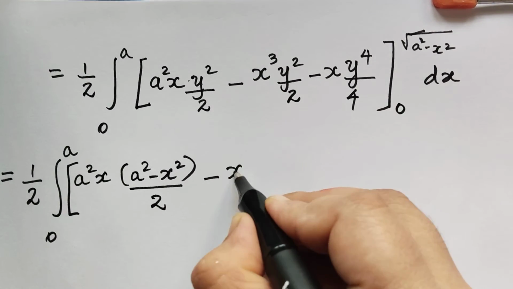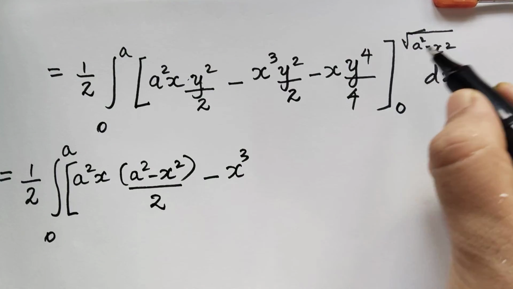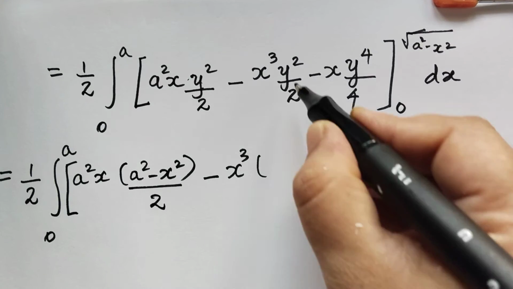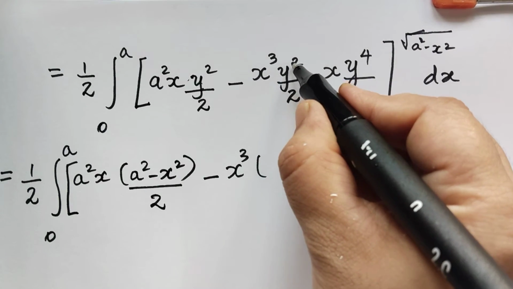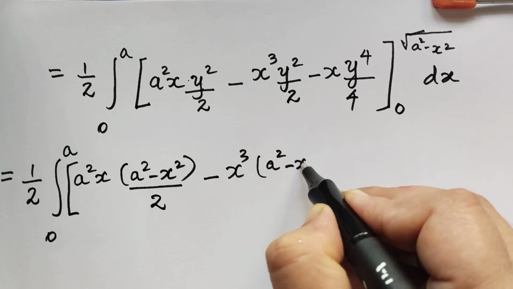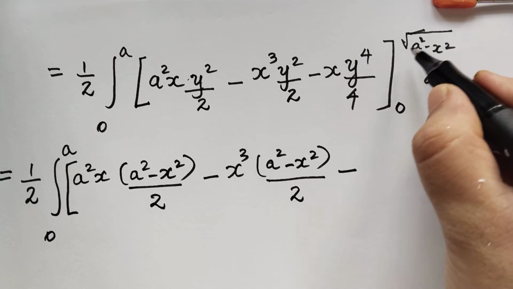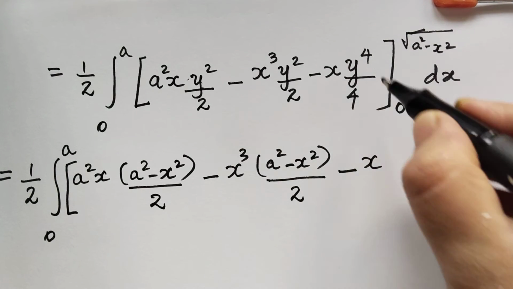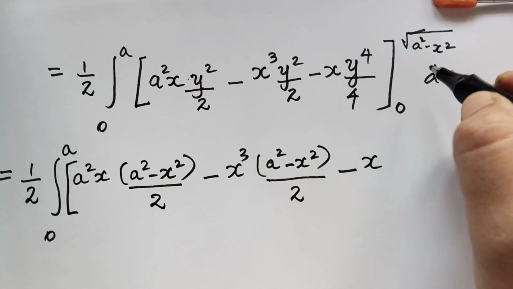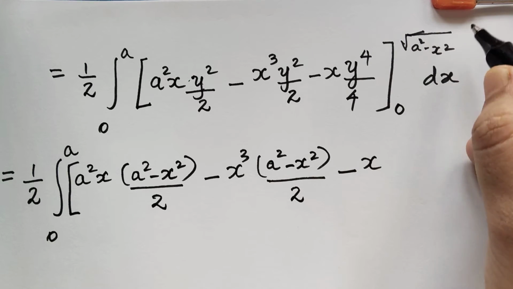Now here x cube will come as it is, and when we apply square root of a square minus x square at the place of y, again the square root will vanish because we have y square over here, and therefore we will be getting a square minus x square divided by 2, minus. Here again when we apply, we have y to the power 4, so it will be square root of a square minus x square the whole power 4.